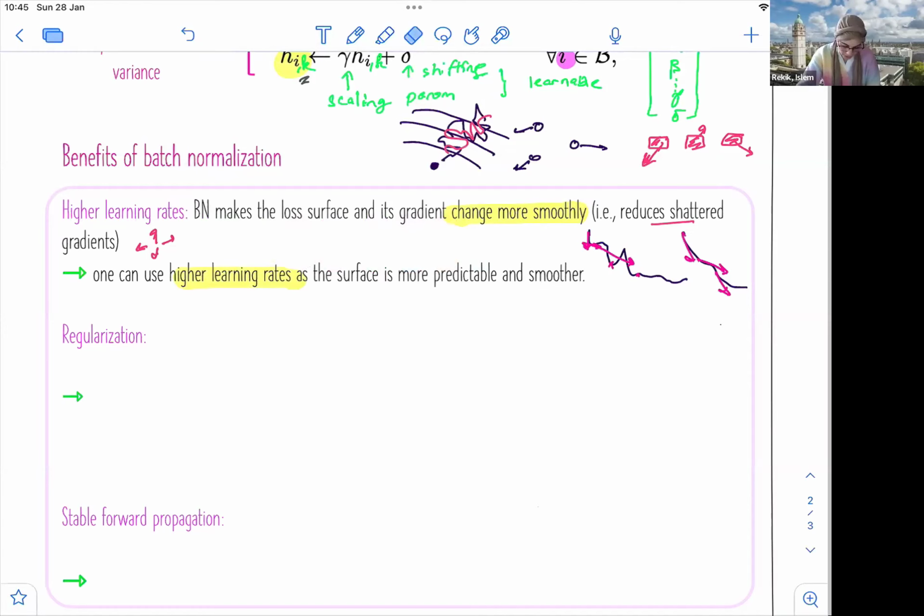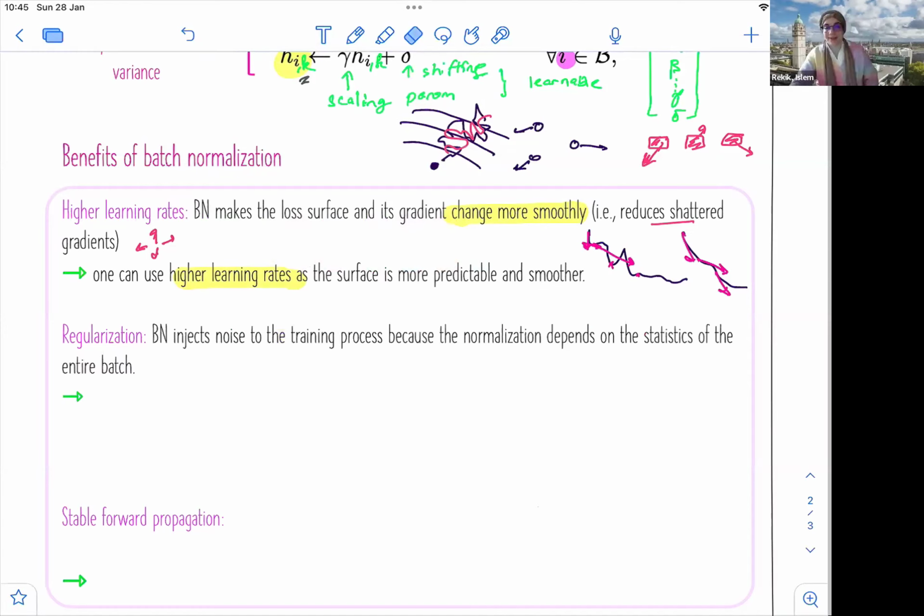Also, we can see that it regularizes. As I mentioned, there is randomness here. When we add the batch normalization layer, this injects a sort of noise into the training process because the normalization depends on the statistics of the entire batch.